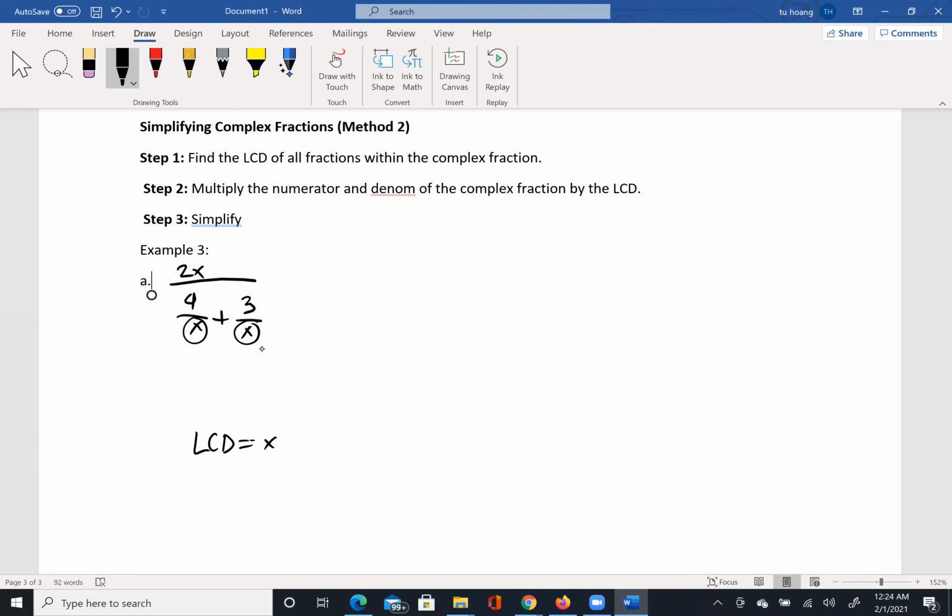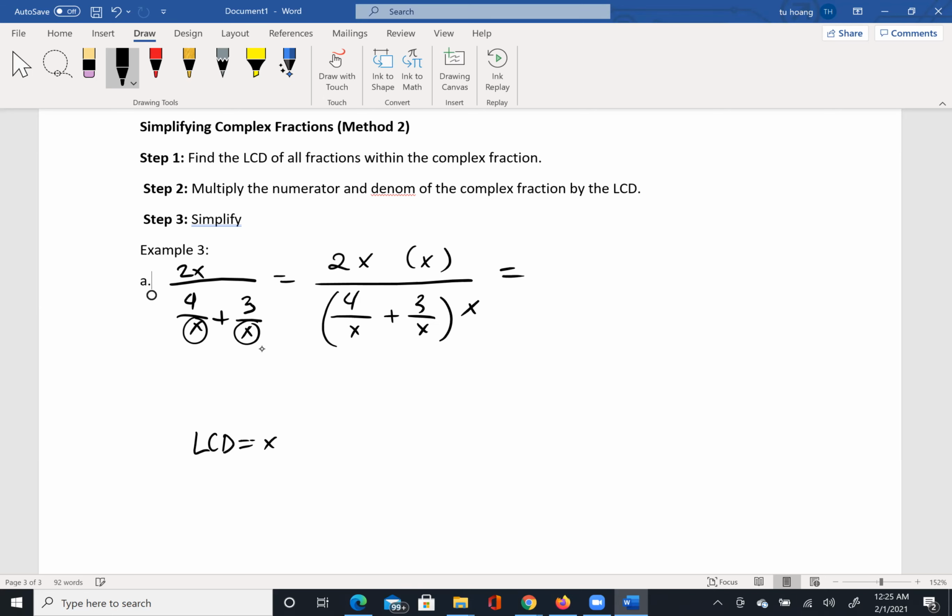So I need to multiply. Excuse me. You're going to multiply the numerator and denominator of the complex fraction by the LCD. Okay, so I need to multiply 2x over x on top. Bottom is going to be 4x plus 3 over x, everything multiplied by x. And what does that mean?